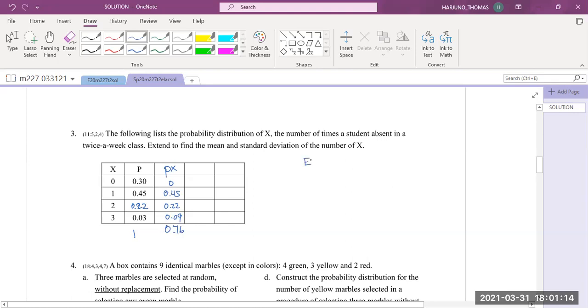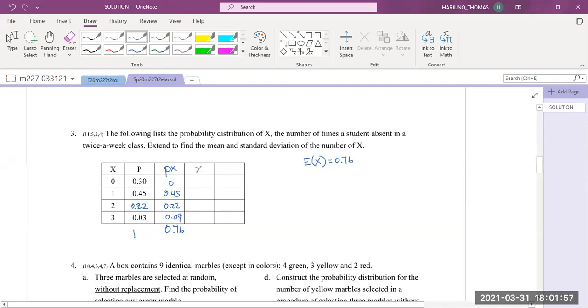So the expected number of absences a student has is 0.76 per week. So let's say in 4 weeks, I expect that person to miss 2 hours. Okay, or yeah, that's my interpretation here. Twice a week, up to 4, right?